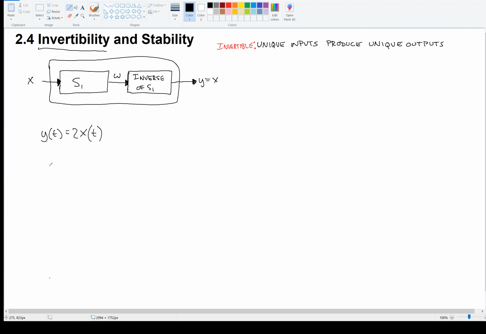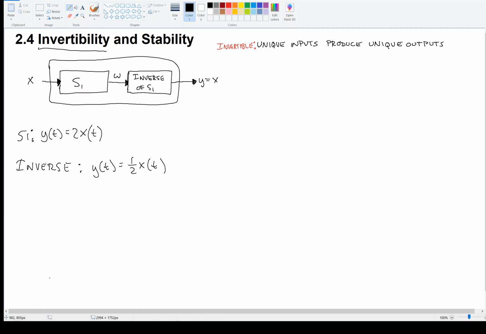The inverse of this is the following system. If this is S1, then one way of getting the inverse is swapping x with y and then solving for y. And this gives you y of t is equal to 1/2 x of t.